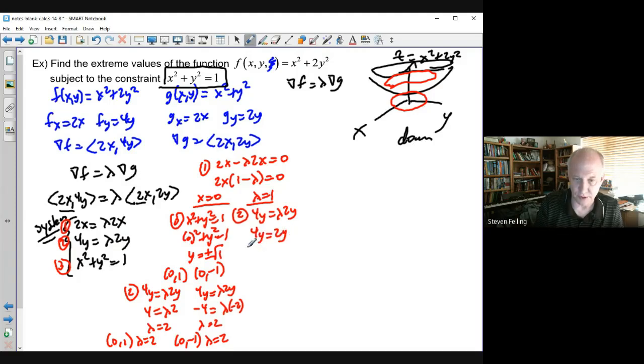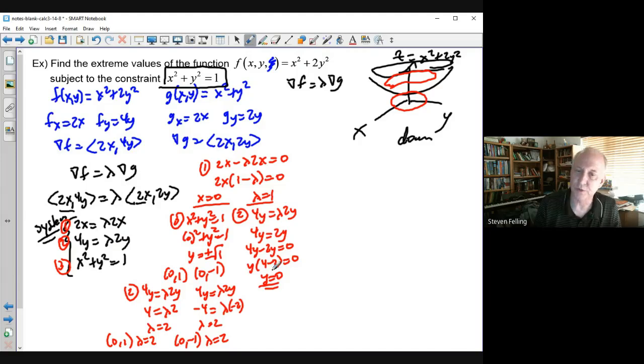We would have to say 4y minus 2y equals 0, right? So you could factor the y out, and actually the only way that would be true is if y equals 0.